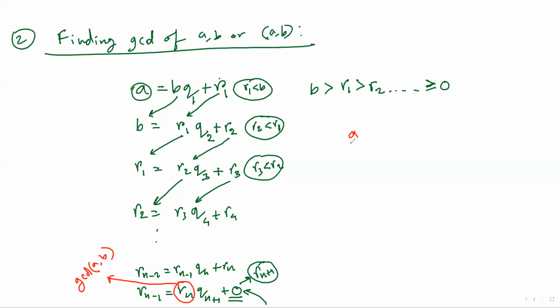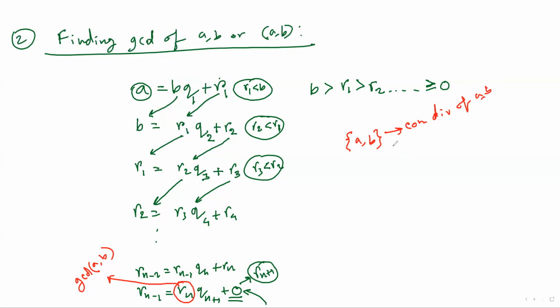Let's call this just a common divisor of A and B, which may or may not be the greatest. So this is not necessarily the greatest common divisor.